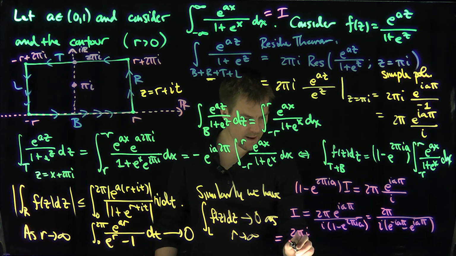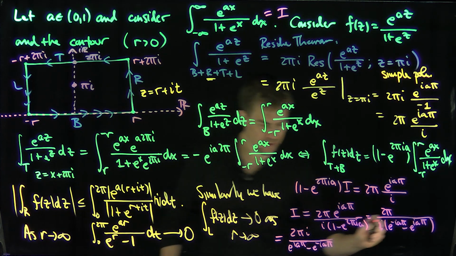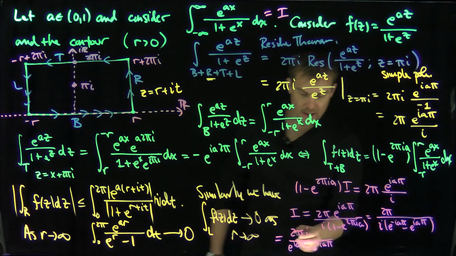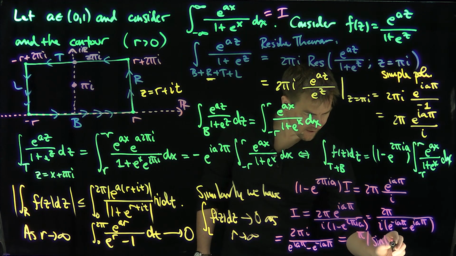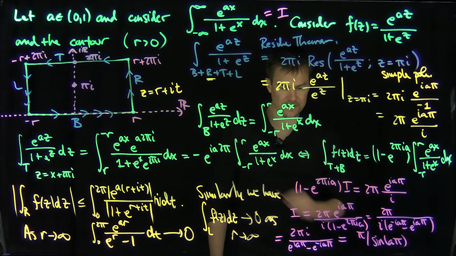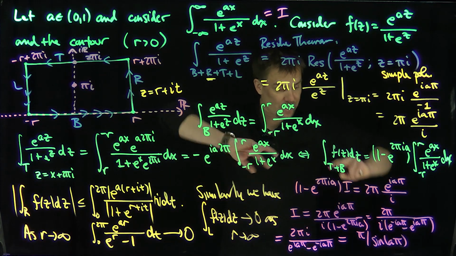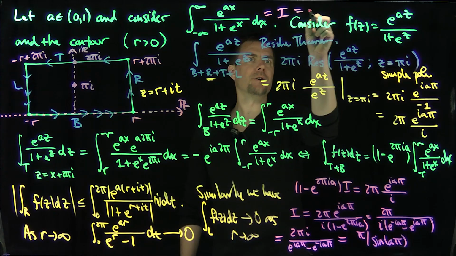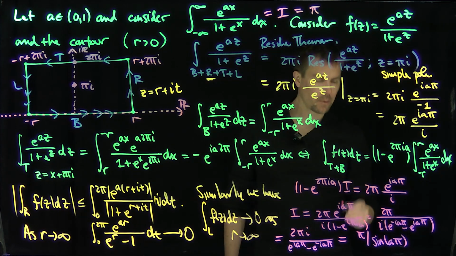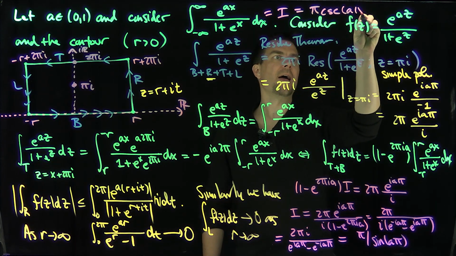I'll put the i on top, and then I'll have an e to the i a pi minus e to the minus i a pi, right? And of course, that is just going to be pi over the sine. This is going to be pi over the sine of a pi, right? Because the sine of a pi is going to be e to the i a pi minus e to the minus i a pi over 2i, so that's just the reciprocal of that. So our integral over here is exactly equal to pi times the cosecant of what? The cosecant of a pi.